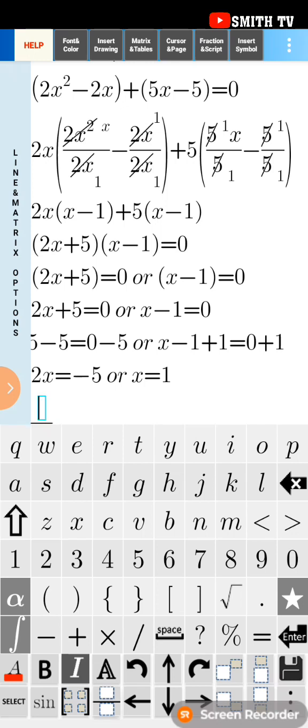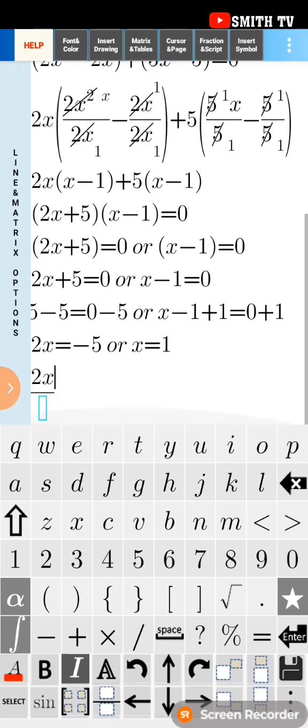So 2x over 2 equal to minus 5 over 2. Like I said before, I divide both sides by the coefficient of x, and the coefficient of x I have here is 2.